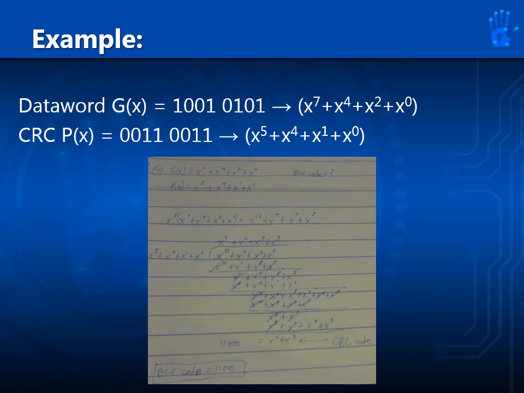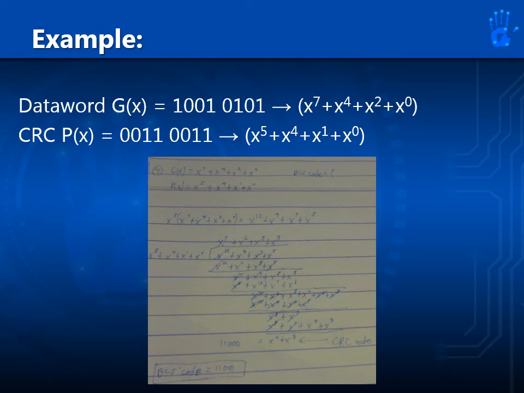Now let's take a look at how the block check sequence, or BCS, is generated. The BCS is what we will add to our data word before transmission. So in this example, we have the data word 1001 0101, and we have the CRC of 0011 0011.